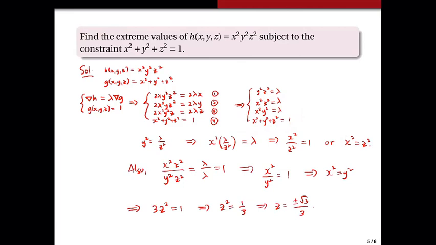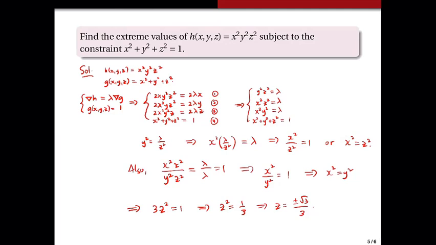And then we have the value for z squared, and we can solve for x squared and also for y squared.